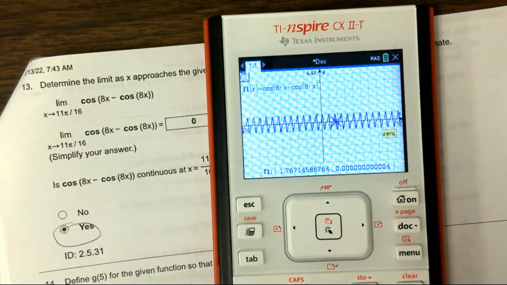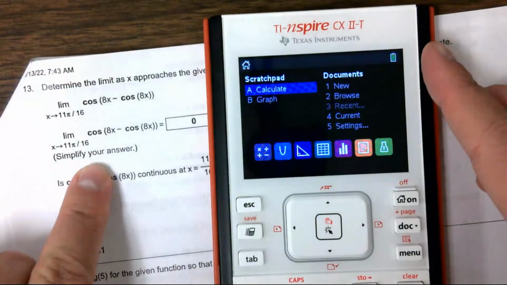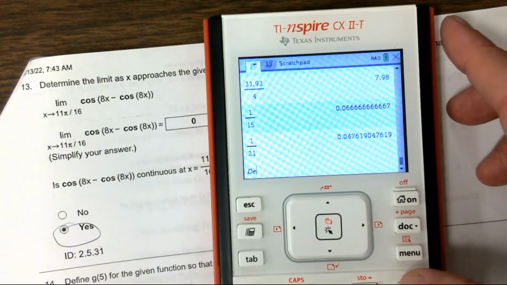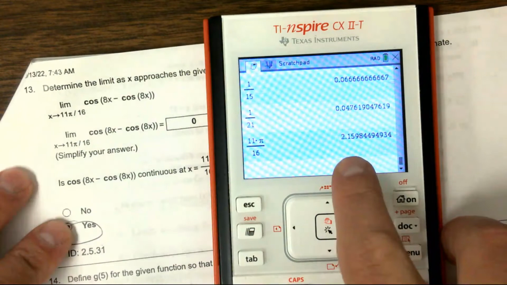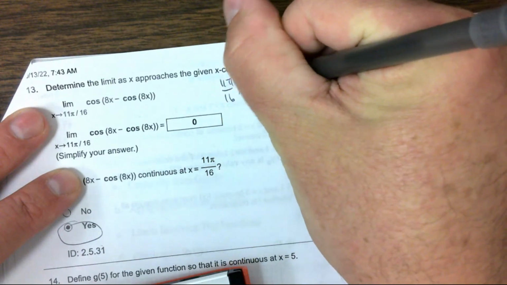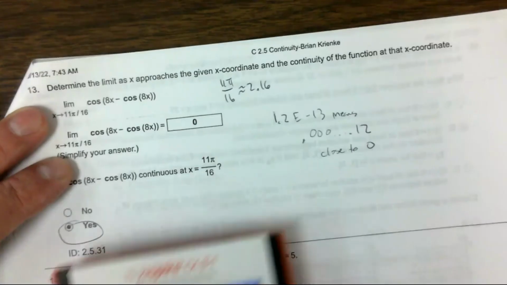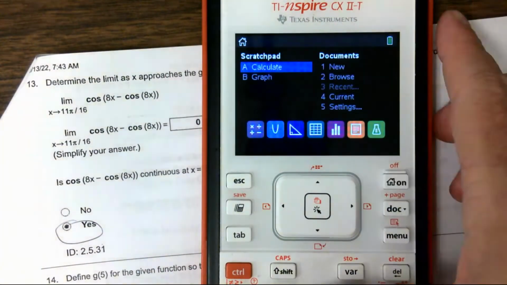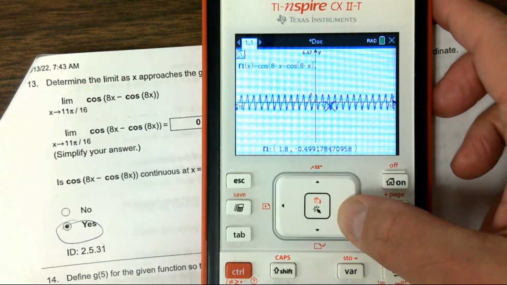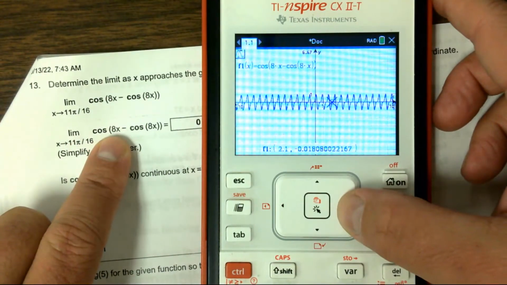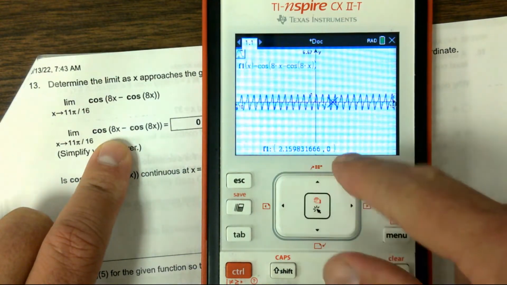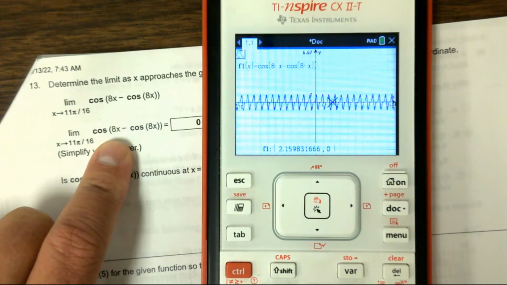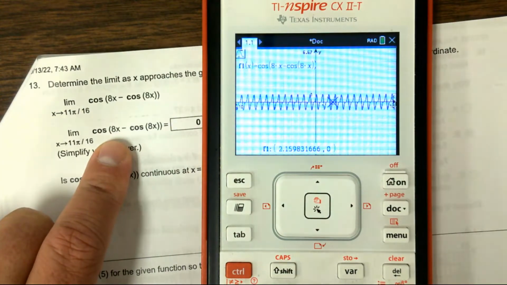What may help is if we go back to this part and do 11 pi divided by 16 as a decimal, it's approximately 2.16. So if we want to look around 2.16, at 2.1 it's negative 0.1, and at 2.16 it is 0. That's very convenient.